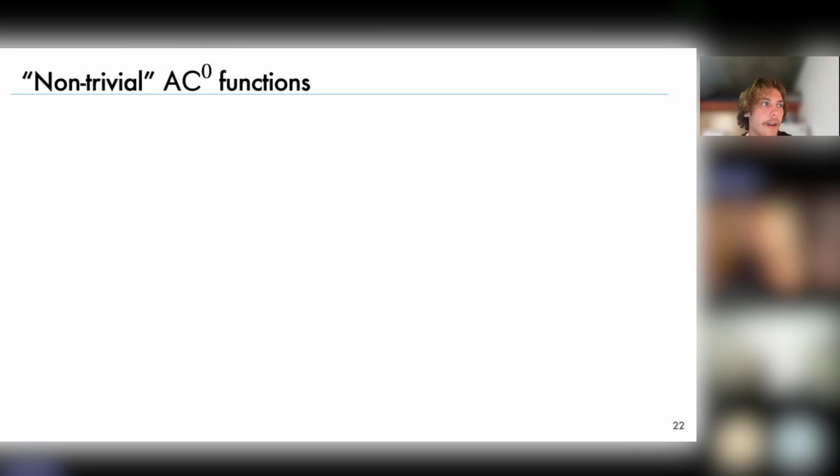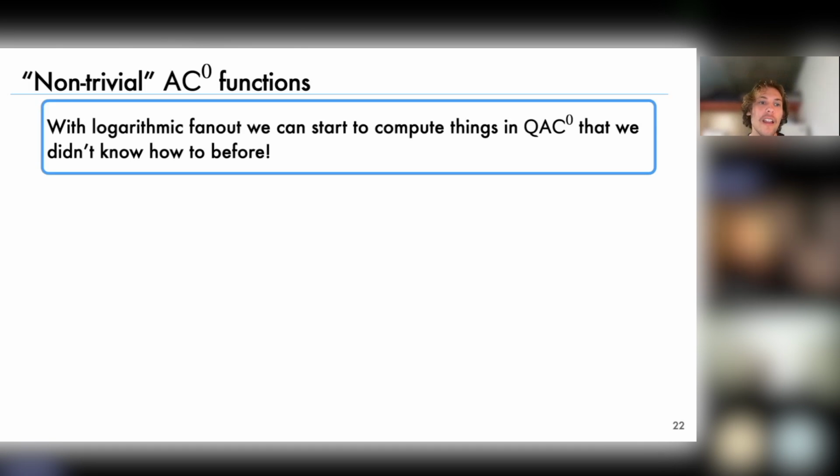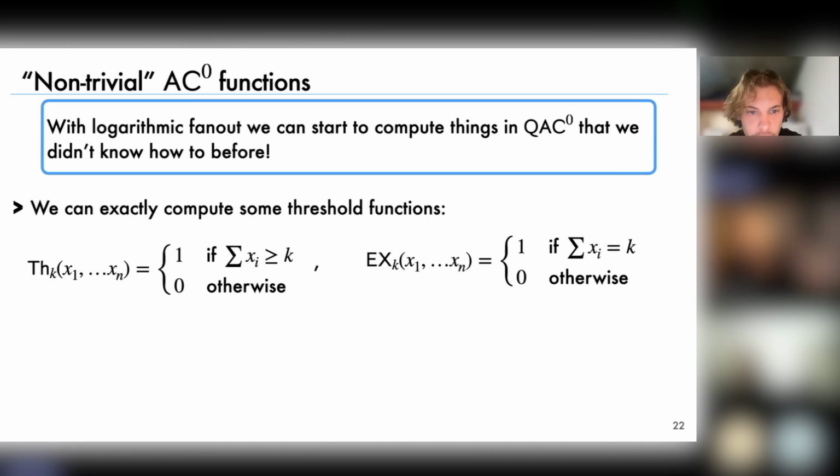But here are some not so immediate consequences of this fact. I claim that there's an interesting class of Boolean functions on n bits that we can now compute with log size fan out gates. Let me remind you that these threshold functions are defined as follows: we take in n bits of input and output 1 if the sum of the bits is above some threshold.